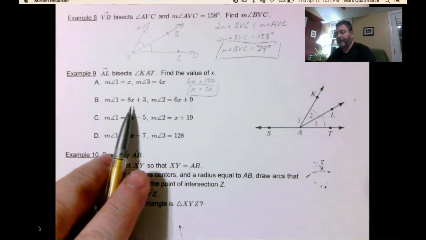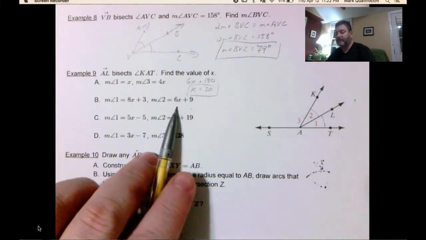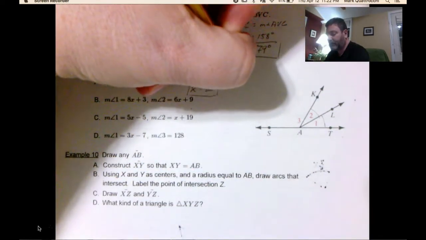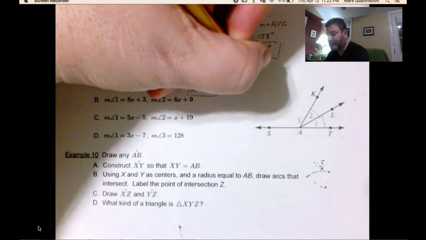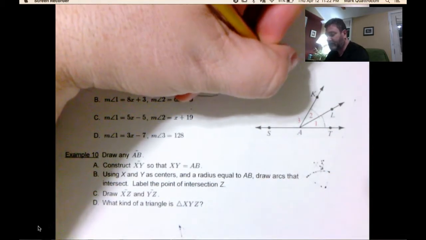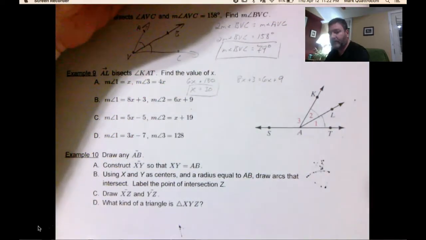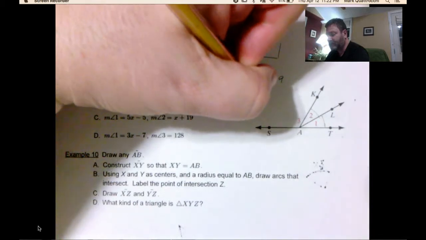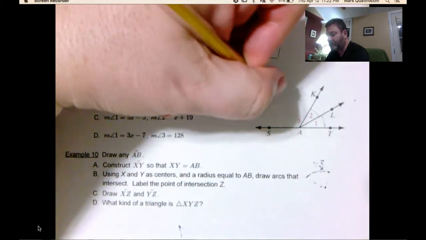Part B, angle 1 is 8x plus 3, angle 2 is 6x plus 9. They're congruent. So 8x plus 3 equals 6x plus 9. A little bit of algebra. 2x equals 6, x equals 3.